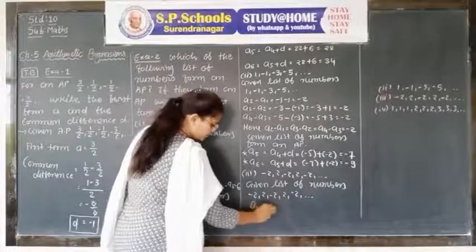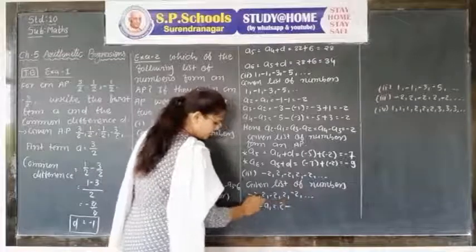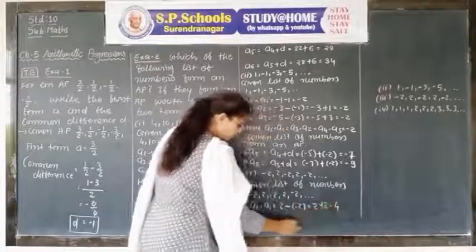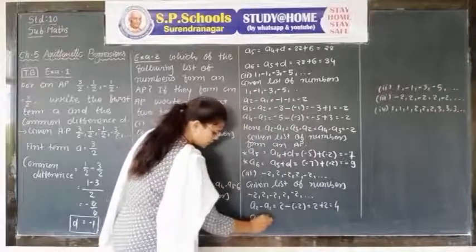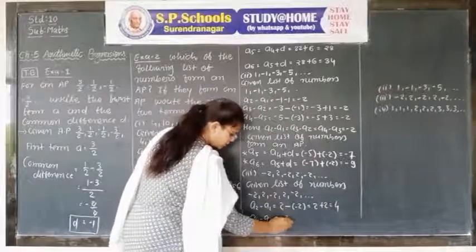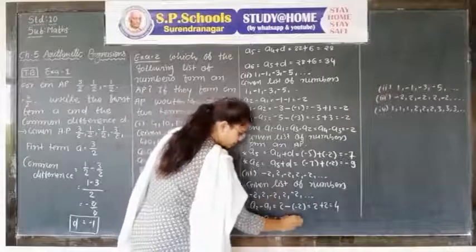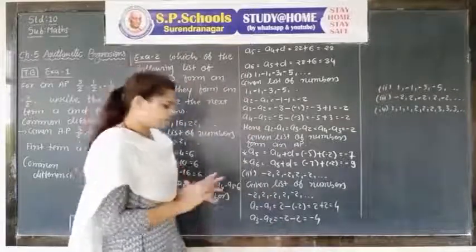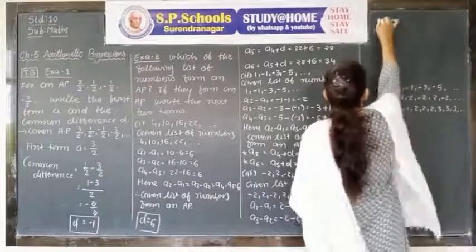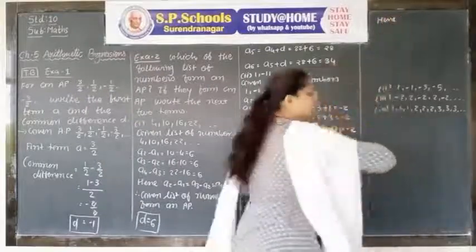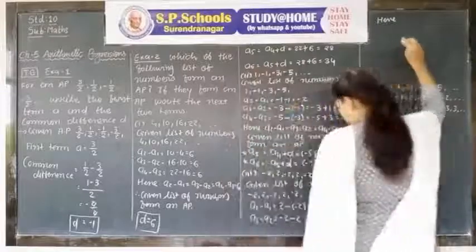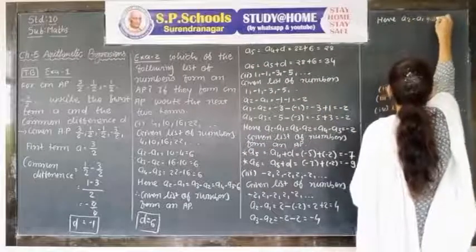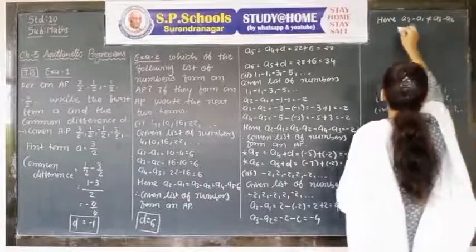A2 minus A1, 2 minus of minus 2. 2 plus 2 is equal to 4. Third term minus second term. Third term is minus 2, minus second term 2, is equal to minus 4. 4 and minus 4 are two different numbers. Here the differences of the consecutive terms are not equal. A2 minus A1 does not equal A3 minus A2.